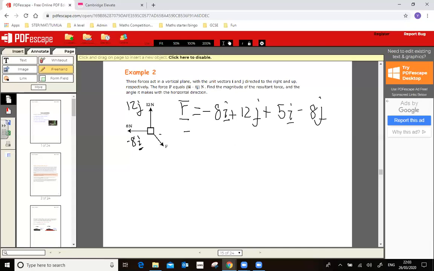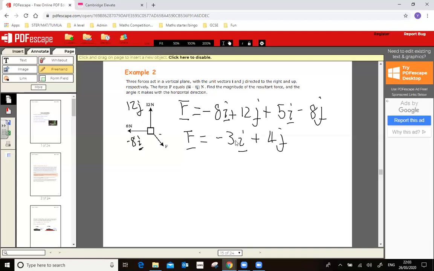So when we add them all together, we'll find out that the resultant force F equals, so minus 8I plus 5I, that will give you minus 3I. 12J take away 8J, that will give you plus 4J.